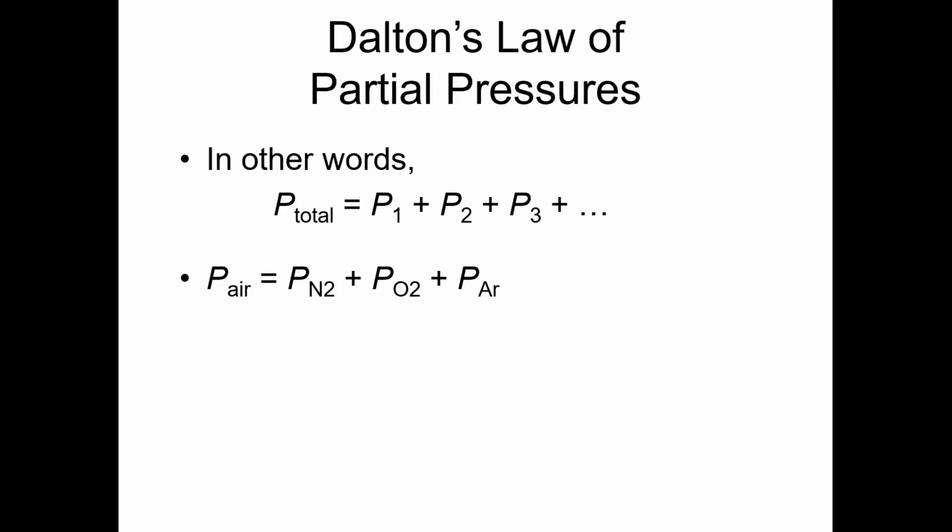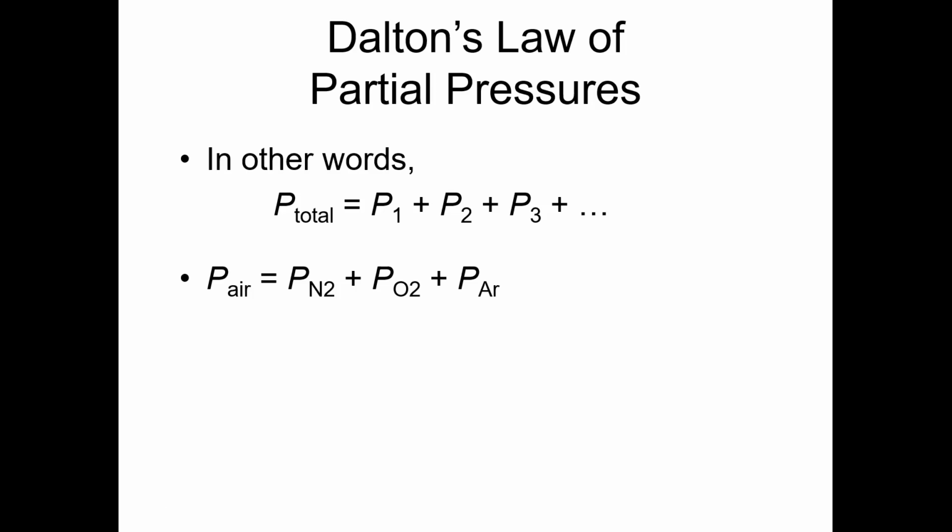So the total pressure of air is equal to the partial pressure of nitrogen in the air sample plus the partial pressure of oxygen plus the partial pressure of argon. Do they all contribute equally to the overall pressure of air?